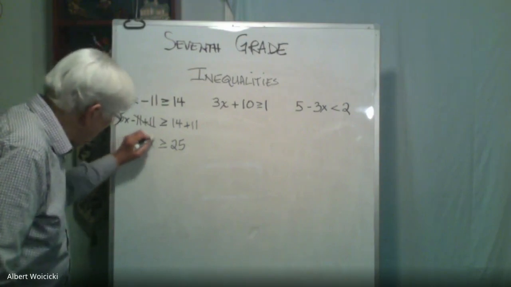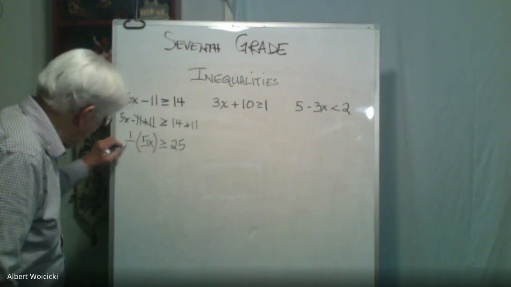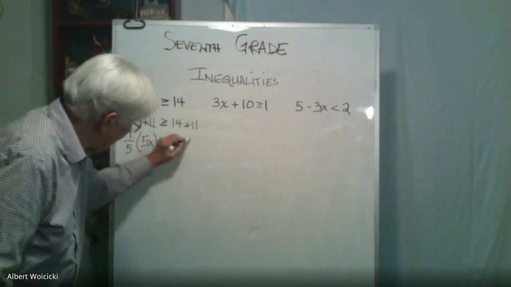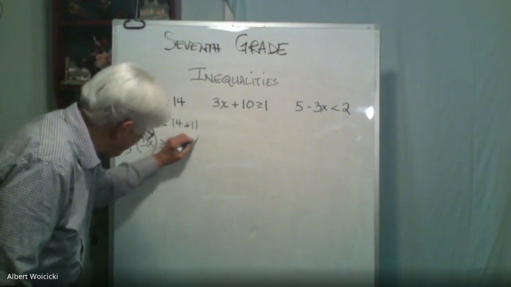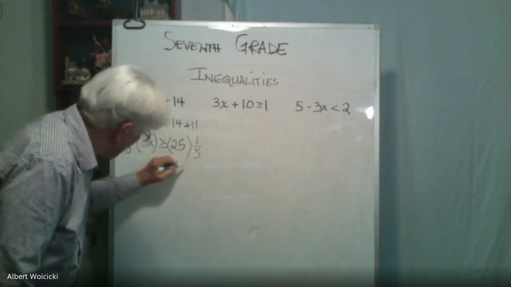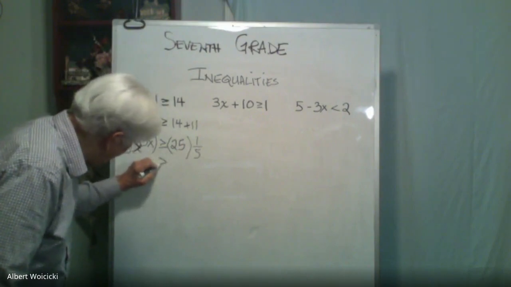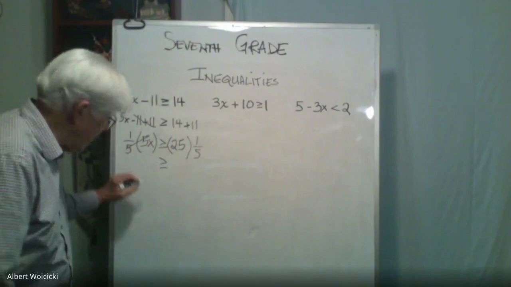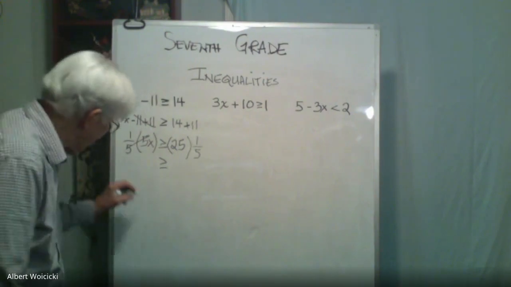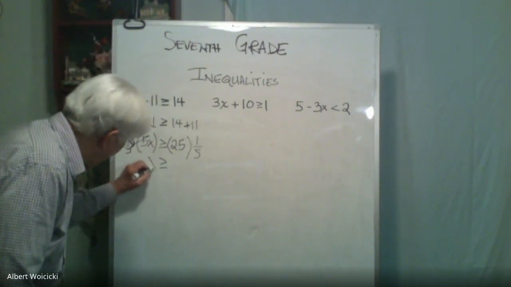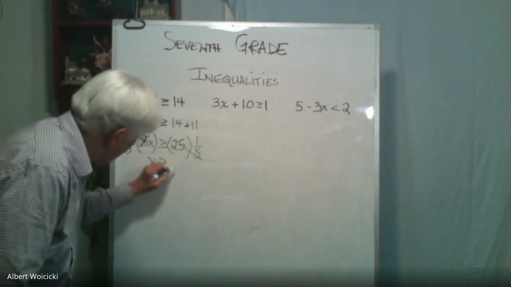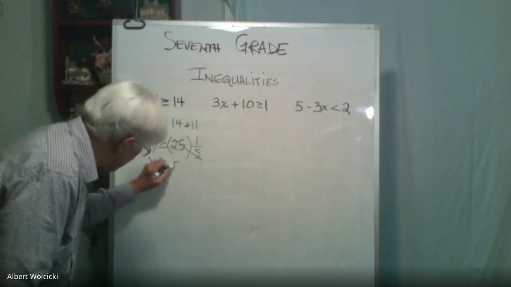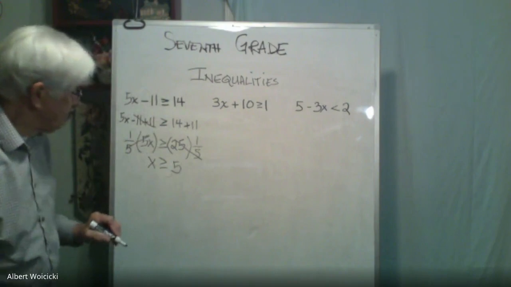So let's multiply by its reciprocal 1/5. And on this side, we'll do the same thing. And it's going to be greater than or equal to. So the 5s will cancel here, and x is greater than or equal to 5.